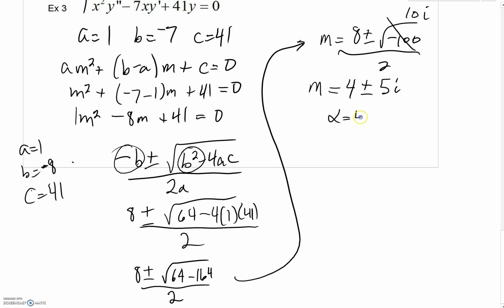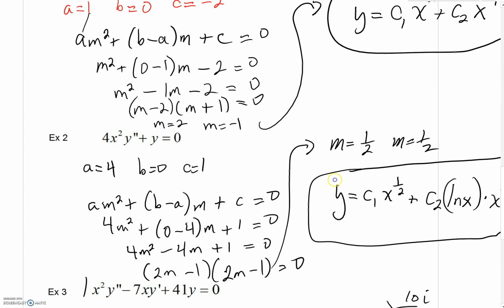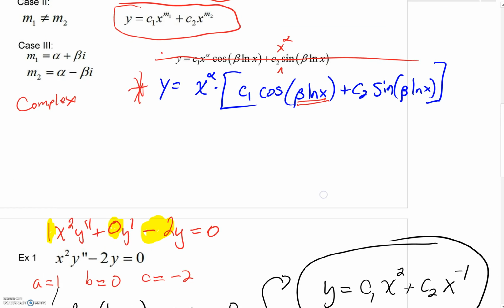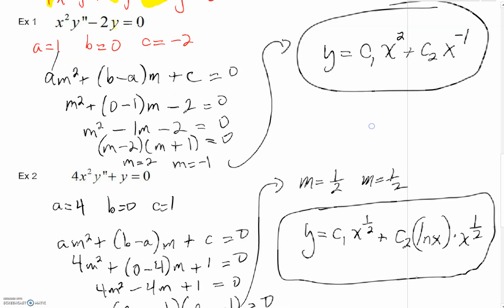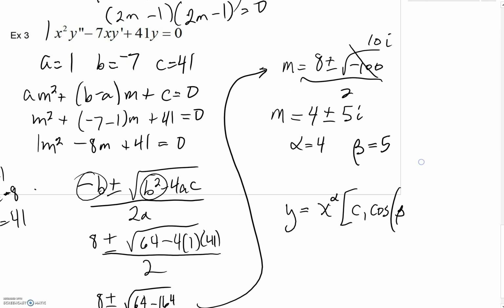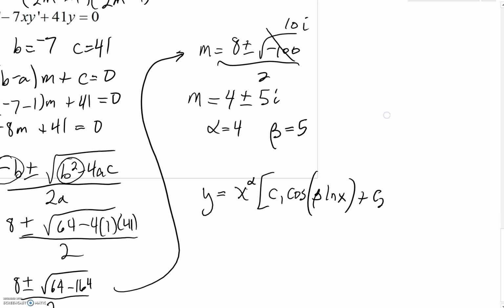That means alpha is equal to 4, beta is equal to 5. Now, please do remember what we have for our general solution when we have this very similar complex solution. This is where we had x to the alpha times c1 cosine of beta ln of x plus c2 sine of beta ln x.